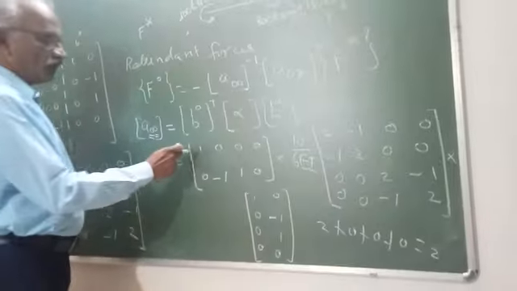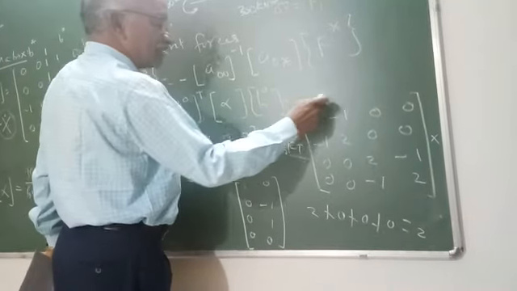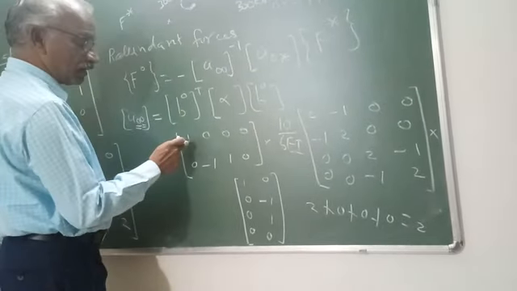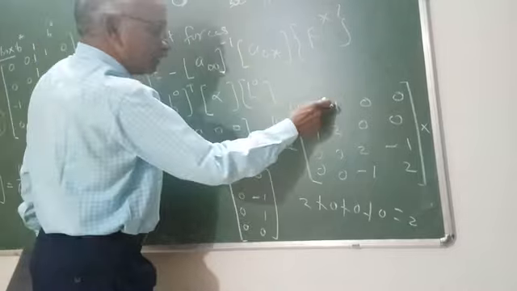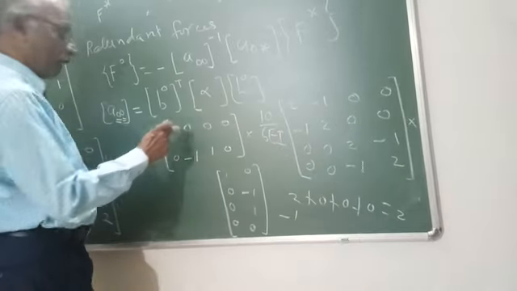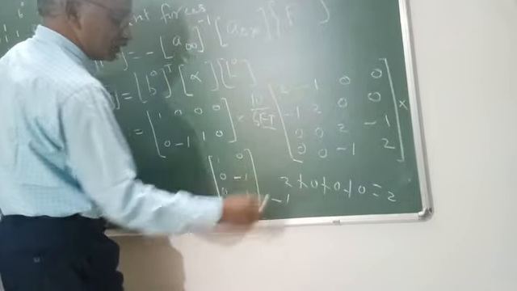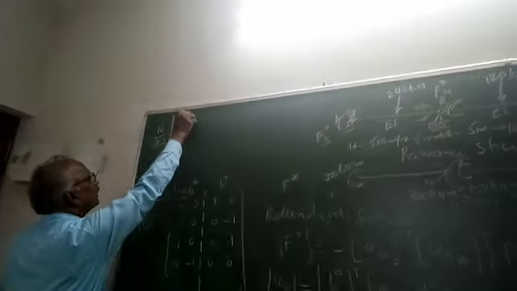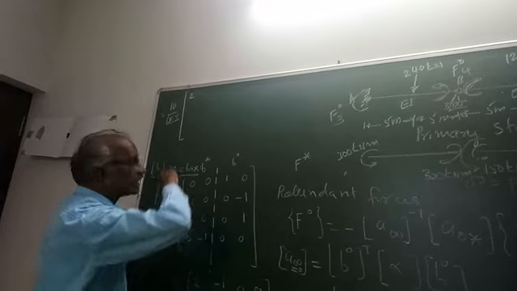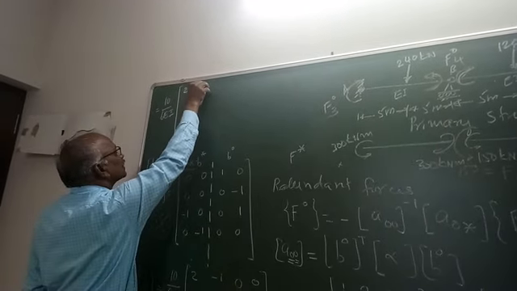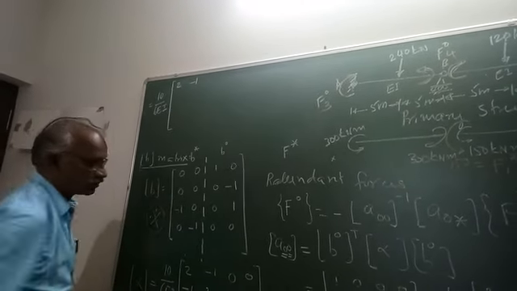Then first row, second column: 1 into minus 1, that is minus 1, then 0 into 2, 0, 0, 0. Therefore, the first row, second value will be minus 1.